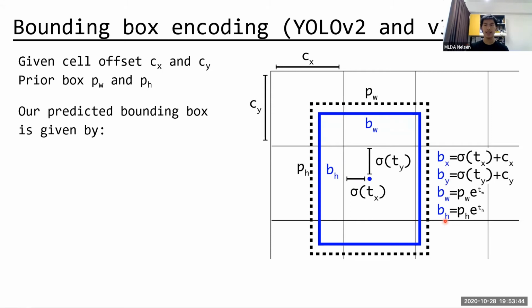These four are not the things that we predict. The things we predict are labeled with T, so we see here Tx, Ty, Tw, and Th. The idea is that we apply some function to the prediction, let's say Tx and Ty, to keep it around this specific box.